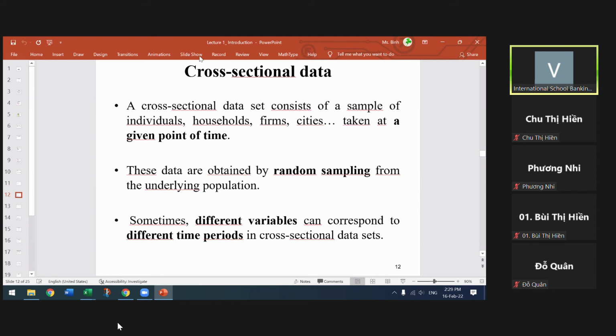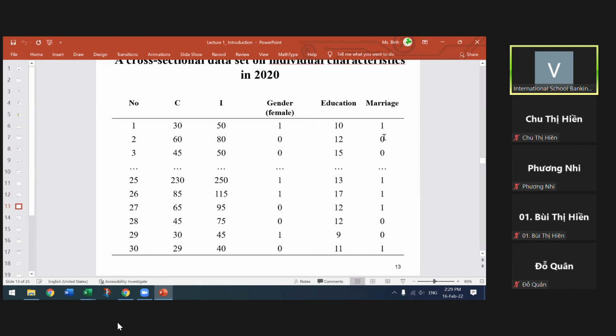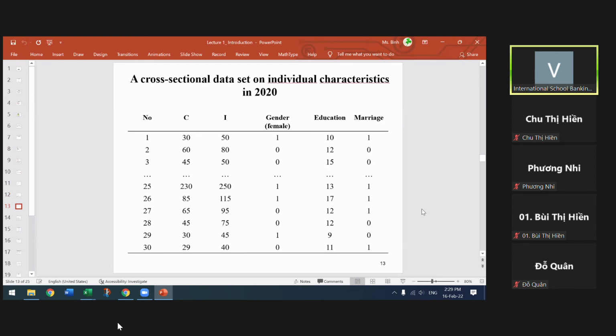Cross-sectional data is data that was taken at a given point in time. Vậy dữ liệu chéo là cái dữ liệu mà được lấy ở một cái thời điểm cụ thể. Here's an example of a cross-sectional data set on each individual's characteristics in 2020.